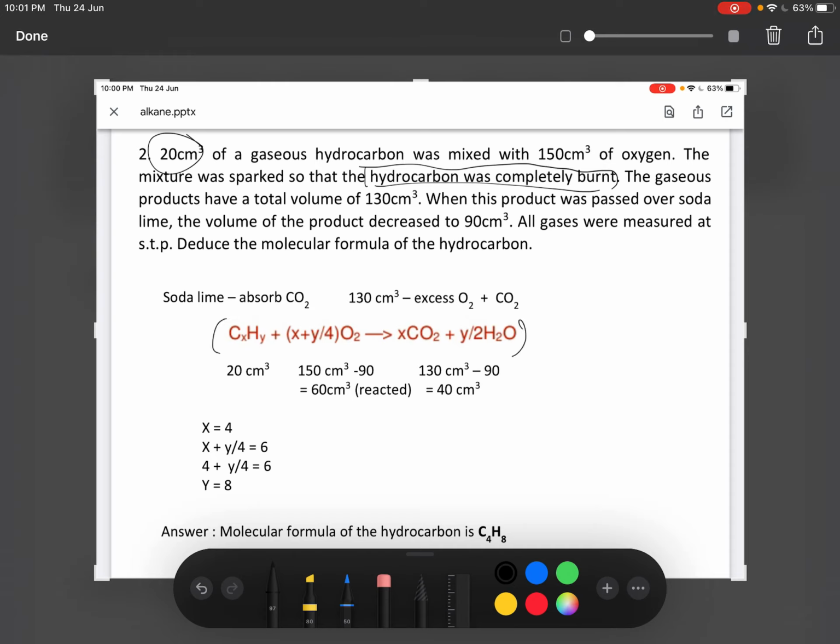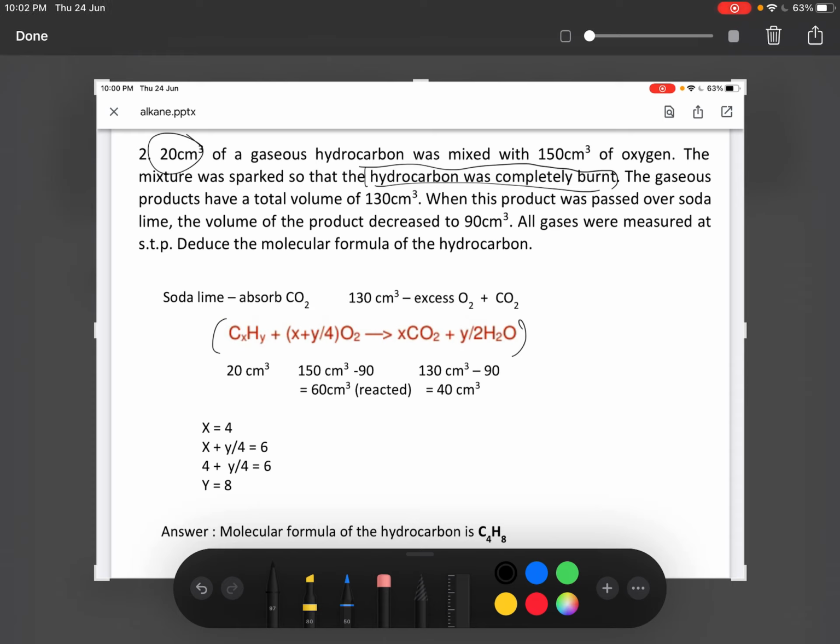Okay, the thing is this CxHy plus (x + y/4) O2 thing, this is a formula that came from the UEC syllabus. So this is how you solve equations regarding hydrocarbons. X is the number of carbon atoms while Y is the number of hydrogen atoms.